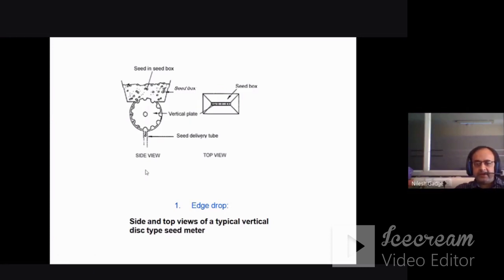This is how it works. So one seed is dropped at a single time. It means that seed to seed, or plant to plant, distance is maintained in the planter, and the planter is used for larger size seeds. I have already told this.